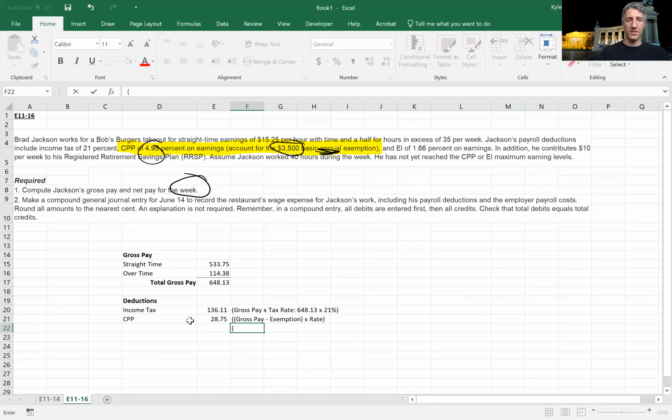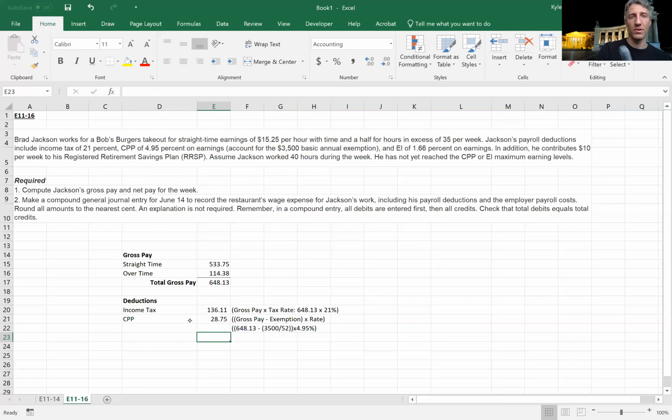And that was 648.13 less 3,500 divided by 52, which is 67.31, times 4.95%. So in case you're wondering where the 28.75 came from, the formula is right there. Okay, so let's move forward.